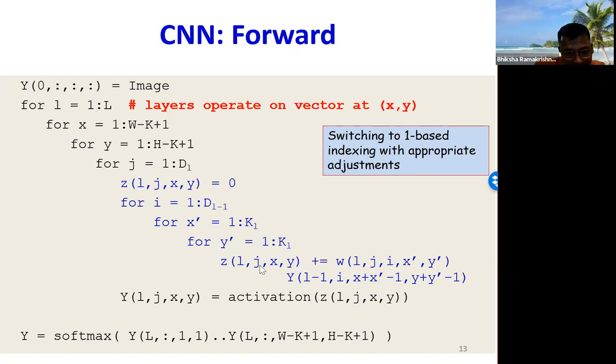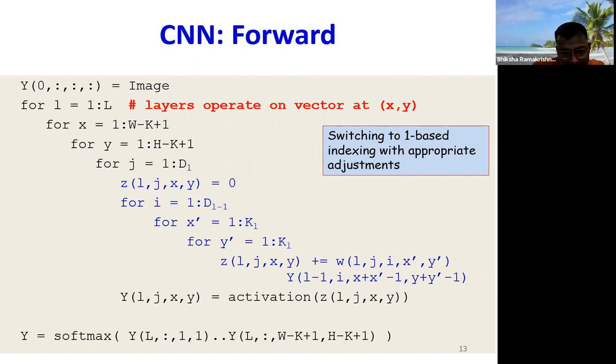The key computation is z plus equals w times y, right? With the indices: z of l, j, x, y plus equals w of l, j, I, x prime, y prime times y of l minus 1, I, x plus x prime minus 1, y plus y prime minus 1. The specific indices we don't need to focus on; if you look at it offline, you'll find it all works out.